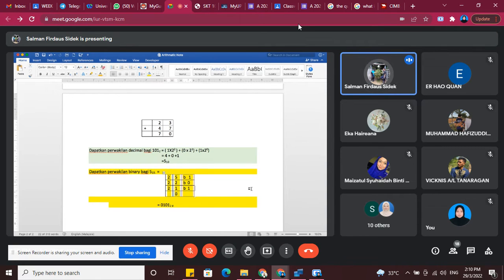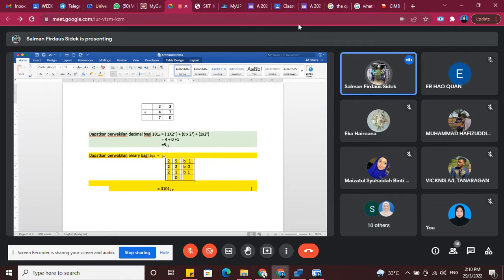The yellow one represents the technique to convert decimal to binary. So it is vice versa. For the green one we use multiplication, and for the second one we use division. Okay, so that is some of the things that we have learned last week.